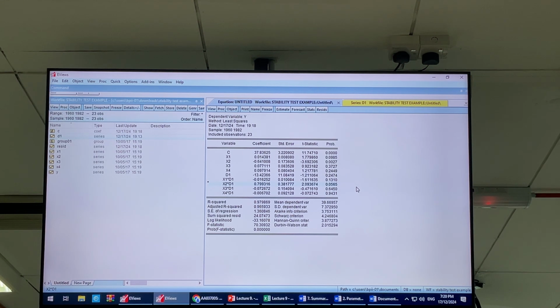But at 5% it is not, because it is slightly greater than 5%, 0.04.